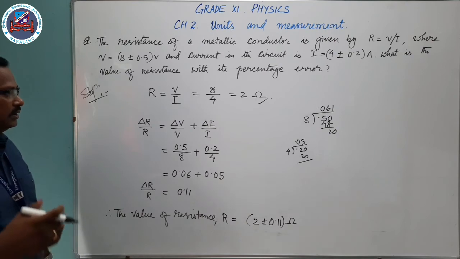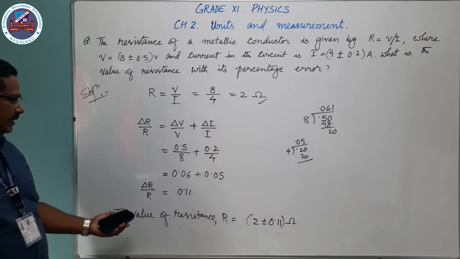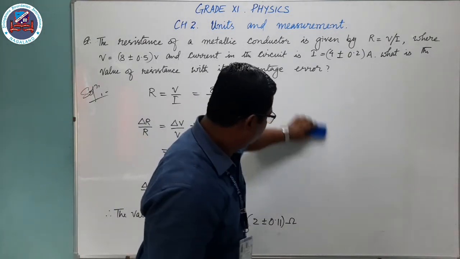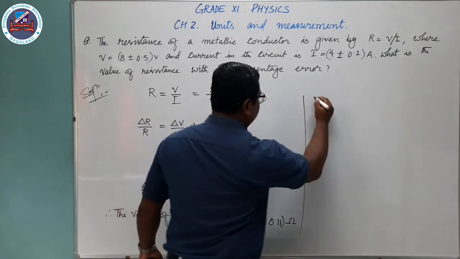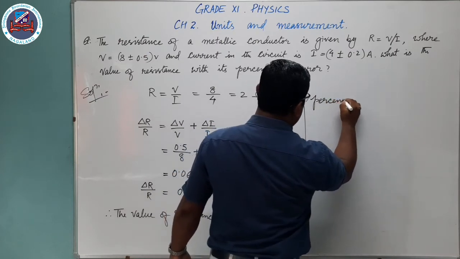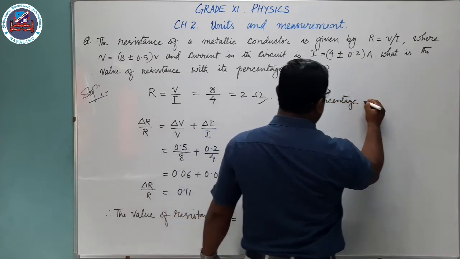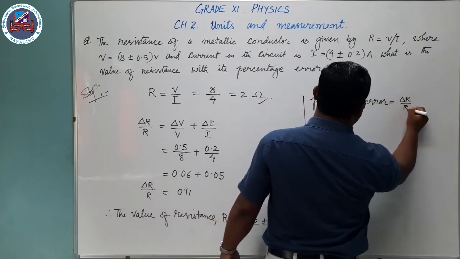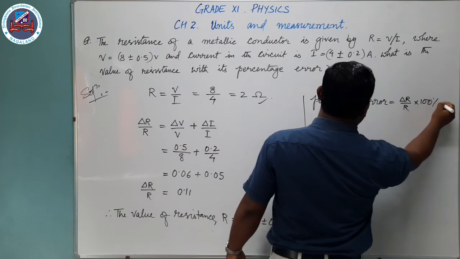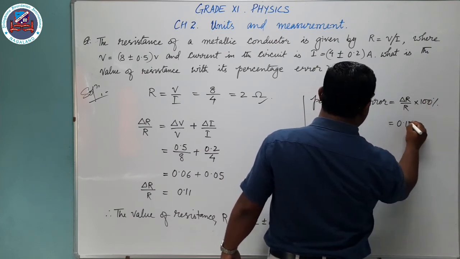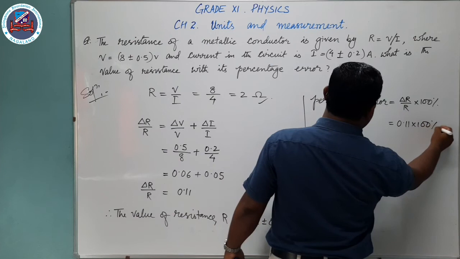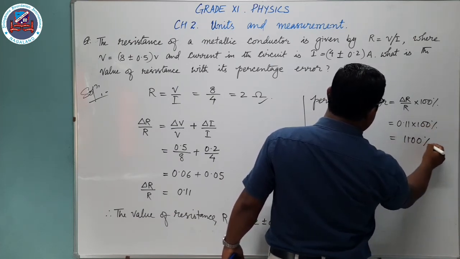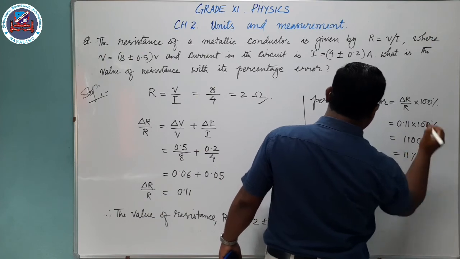But if they ask you in terms of percentage error, then this value you have to multiply by 100%. Percentage error you can find like this. Percentage error is equal to delta R by R multiplied by 100, then it will become percent, 0.11 into 100%, which is 11%.